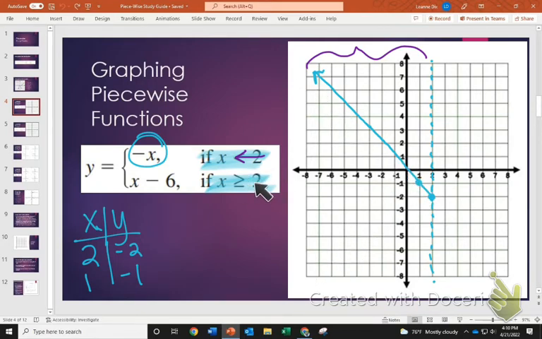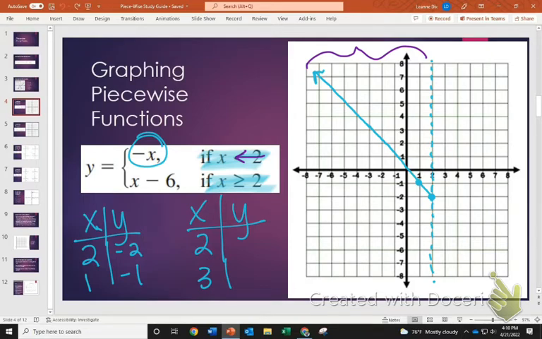So same idea with this one over here. It doesn't matter if I draw my picture up and to the right or down and to the right, as long as it's to the right, okay? So now I'm going to do the XY chart for the other one. I start with my constraint number 2, and then any number that's bigger than 2 would be 3, 4, 5, 6, 7, or 8, which I'm just going to do 3.